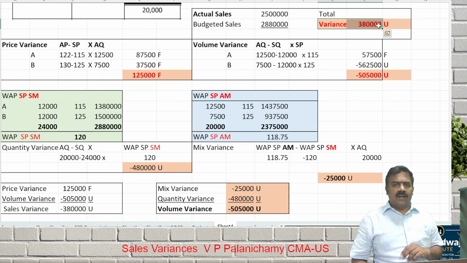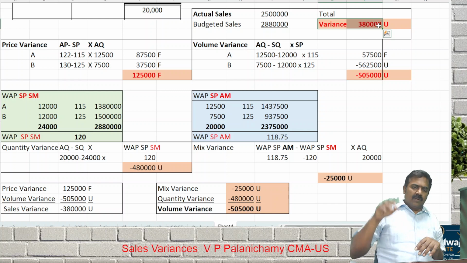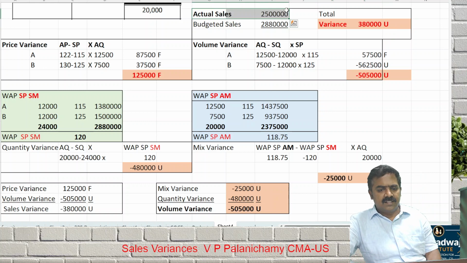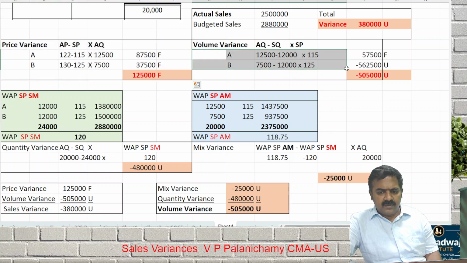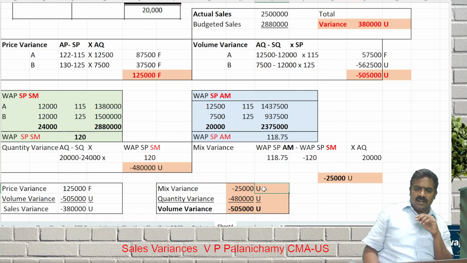You can use the space bars, but tab and other things may not be available. Columns cannot be drawn. So you can write actual sales on one line, next line budgeted sales, next line variance. Then you can bifurcate into price variance, volume variance, and key in all these variances.